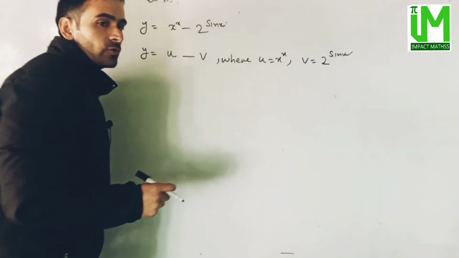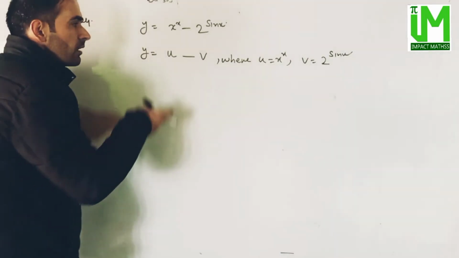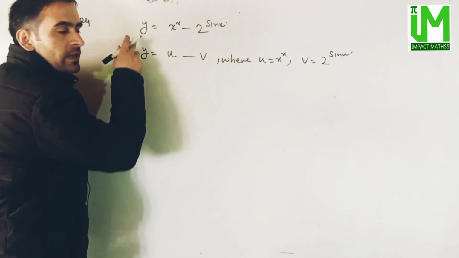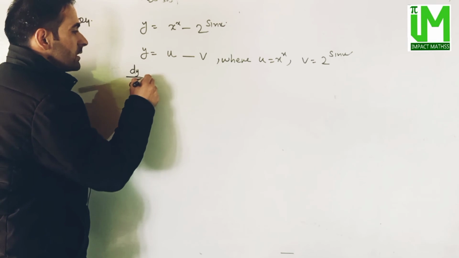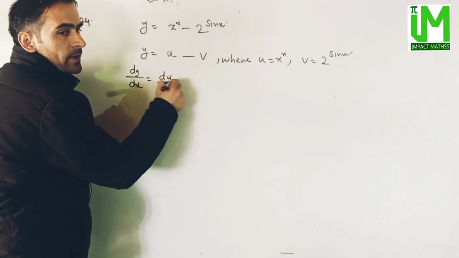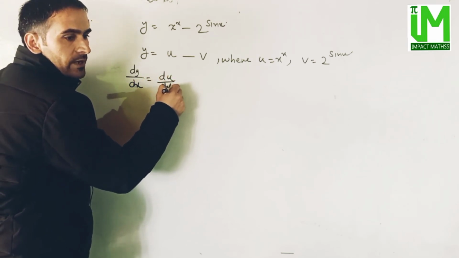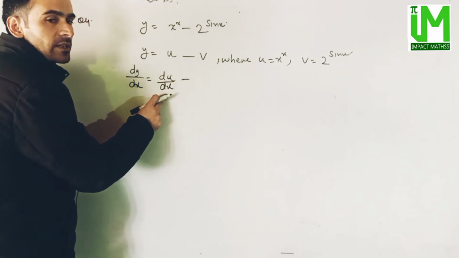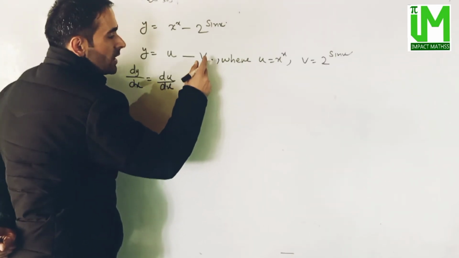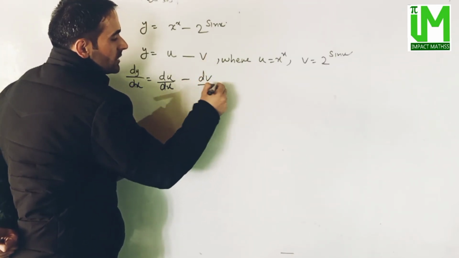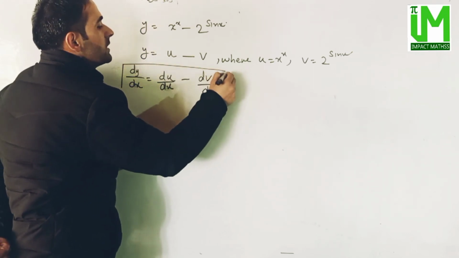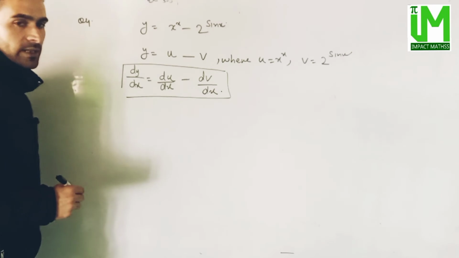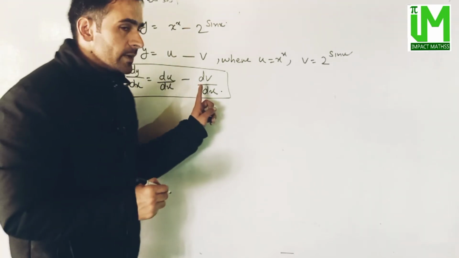Now if we have to find dy by dx, what will be dy by dx? Dy by dx will be du divided by dx, u with respect to x, that will be du by dx, and v with respect to x, that will be dv divided by dx. ठीक है, so यानी dy divided by dx is equal to du by dx minus dv divided by dx.